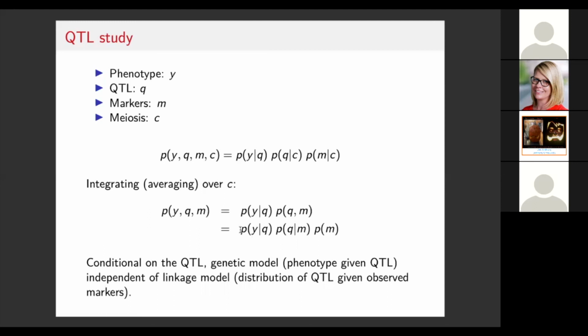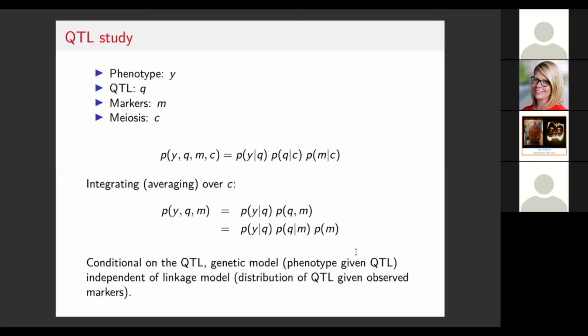And this decomposition tells you that, conditional on the QTL, you can treat the genetic model, which is the phenotype given the QTL, independently of the linkage model, which is the distribution of the QTL given the observed markers.